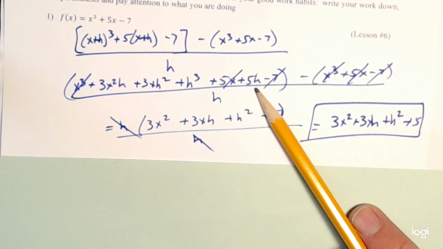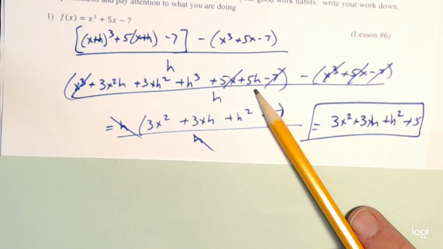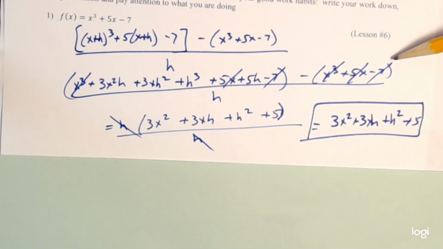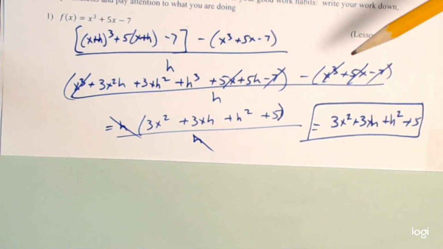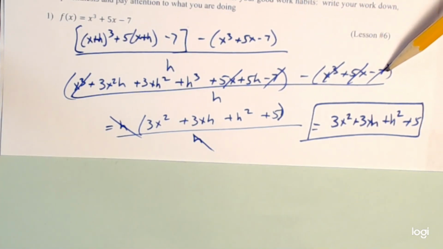The 5 distributes to the x and the h, so a 5x plus 5h. Notice the use of my parentheses again, keeping the f of x plus h and the f of x separate. That subtraction is going to let me cancel my x cubed, my 5x, and my negative 7.